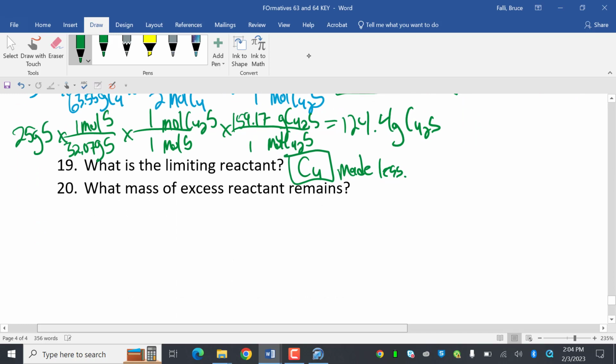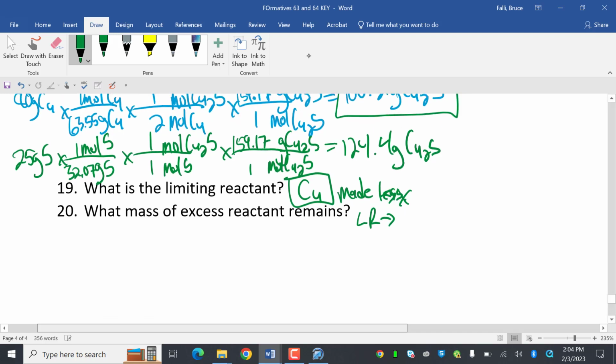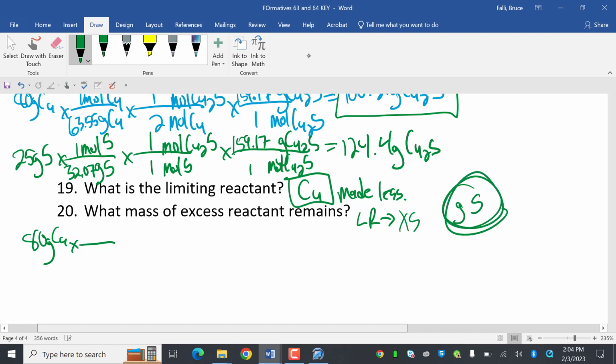You find your excess by taking your limiting reactant and converting it into your excess reactant. My limiting reactant was copper, so I'm going to start with 80 grams of copper and convert that into grams of S. That's my goal. I'm going into moles of copper.